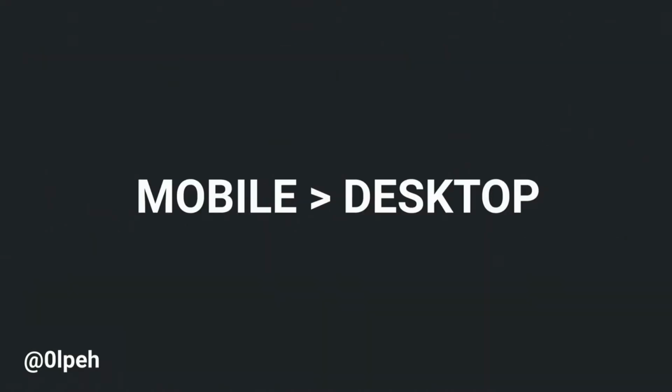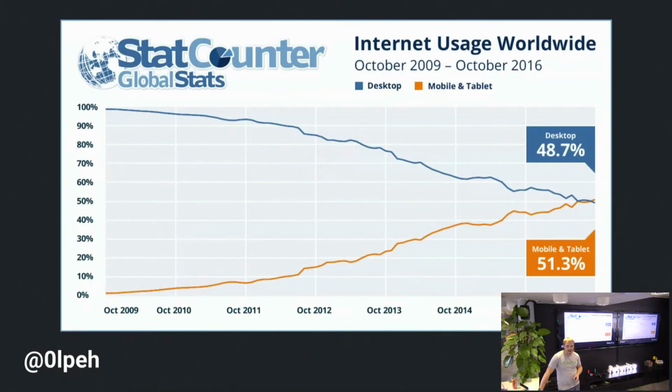Performance is especially important on mobile devices, on various networks and trains, and you can have super slow networks even in Finland. And the mobile and tablet usage has surpassed desktop usage in 2016 globally. Right now I'm not sure what the statistics are for Finland, but this is global statistics.